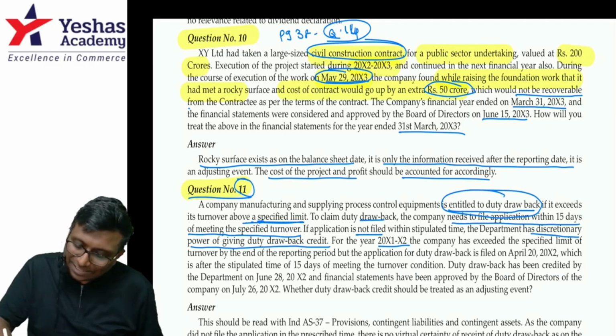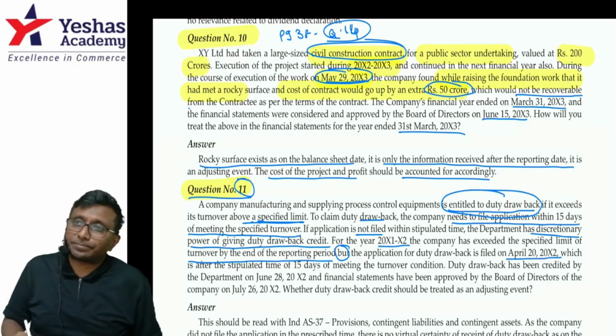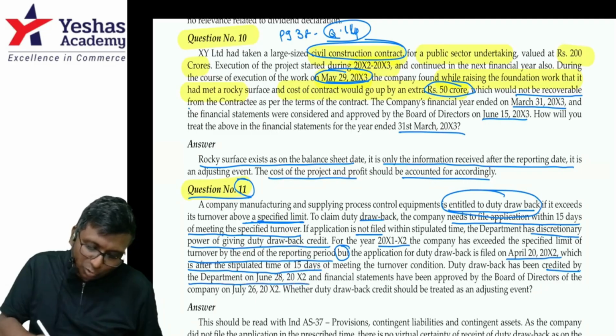In 21-22, the company has exceeded the specified limit of the turnover by the end of the reporting period. But the application for the duty drawback is filed on April 20th. So 15 days crossed. Power is with the officer, which is after the stipulated time of 15 days of meeting the condition. Duty drawback has been credited by the department on June 20th only.